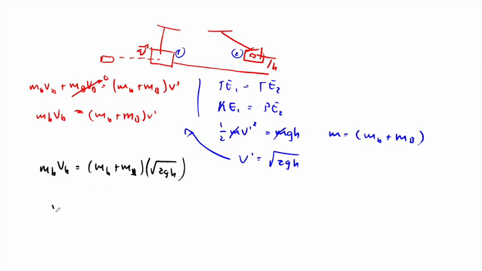So the velocity of the bullet just before it collides is going to be equal to the mass of bullet plus mass of block, divided by the mass of bullet, times the square root of 2gh. And this would be the relationship between velocity and height.